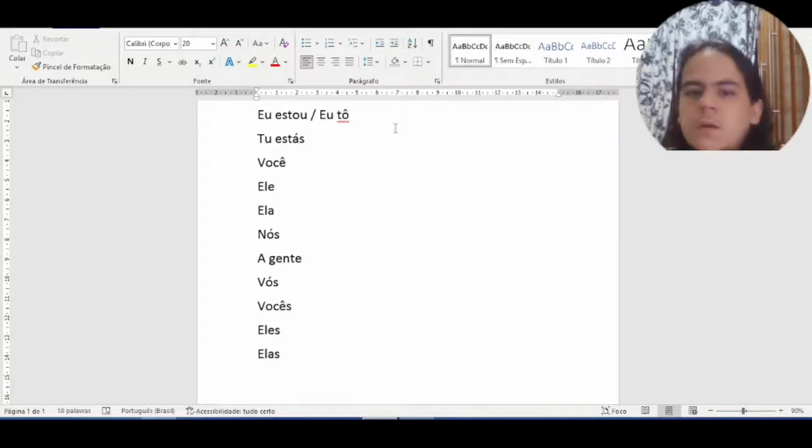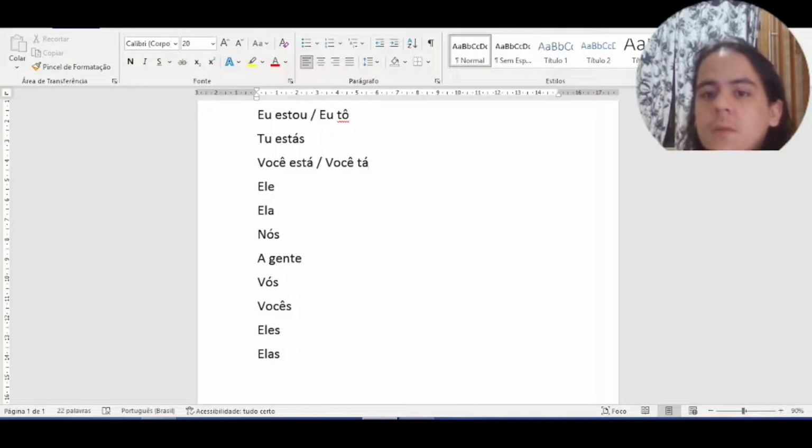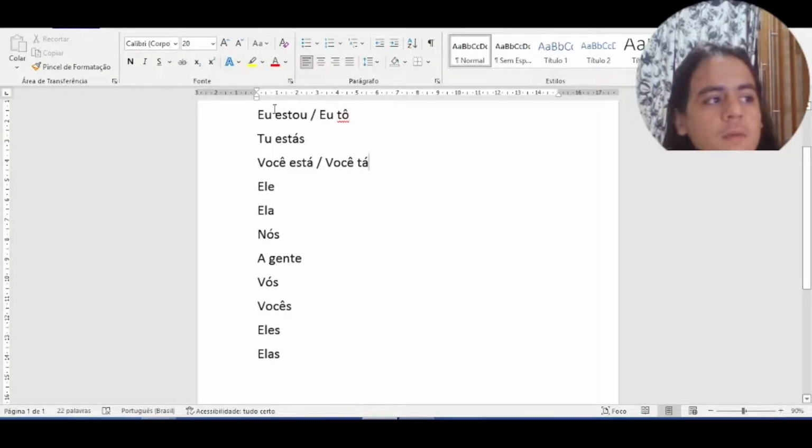It's very rare. Você está is more common. Você tá. The same thing that happens with eu estou, eu tô. So we cut out some parts of the word.